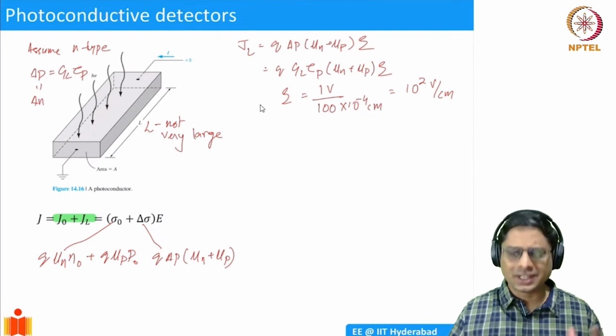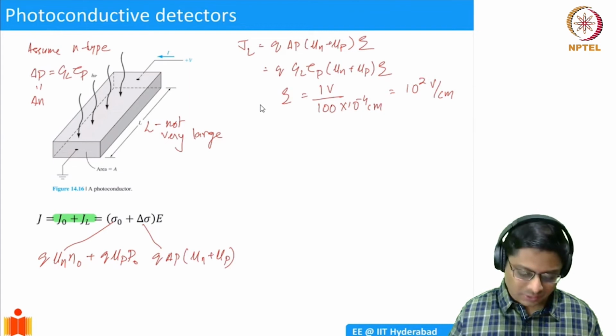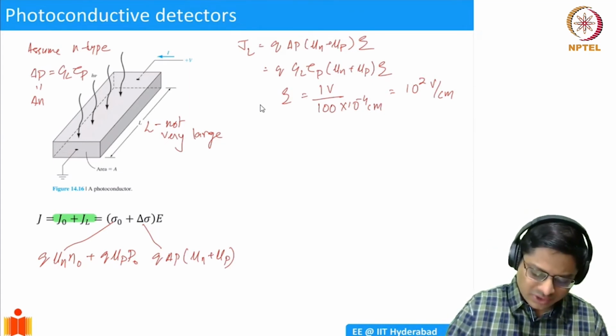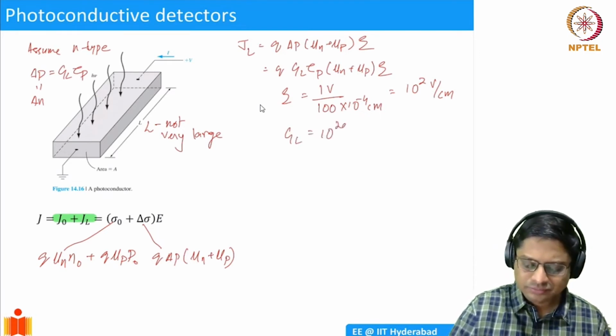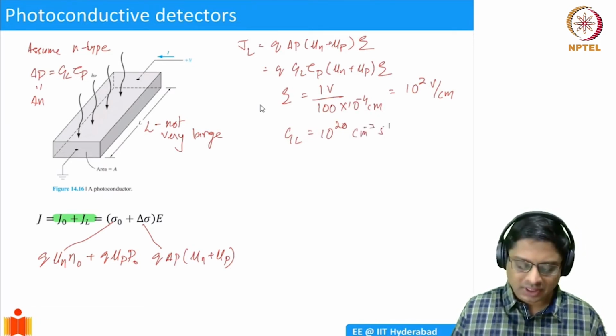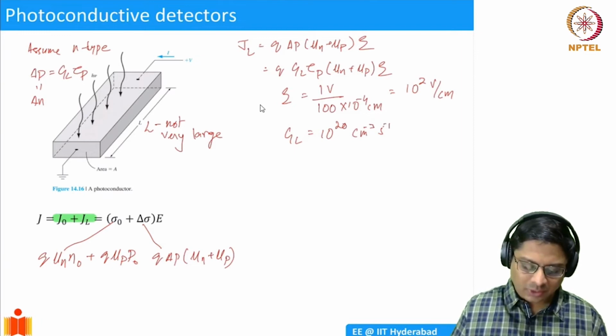Let us take some simple examples and try to estimate how much current is produced by such a photodetector. Let's assume the generation rate to be 10 power 20 per centimeter cube per second. This is the rate that I'm assuming. So what is the photon flux?